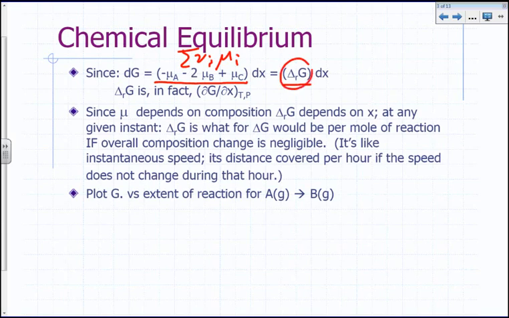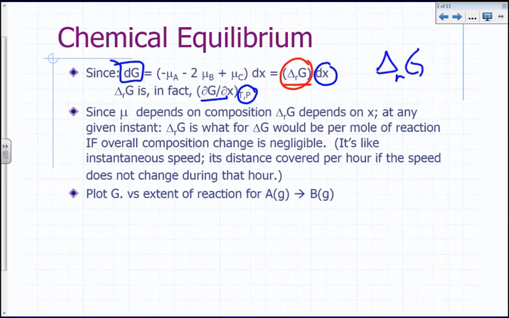Then this delta G sub R, the reaction Gibbs energy, is in fact just the derivative of G with respect to x, the partial derivative at constant temperature and pressure. So this delta G that we are writing here is not really a change, it's really a derivative. It's a change per mole of reaction as the reaction advances.